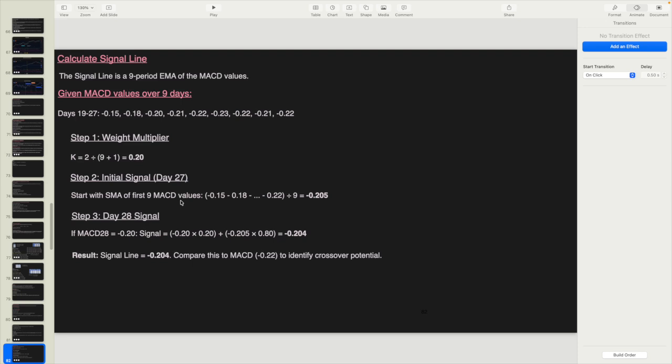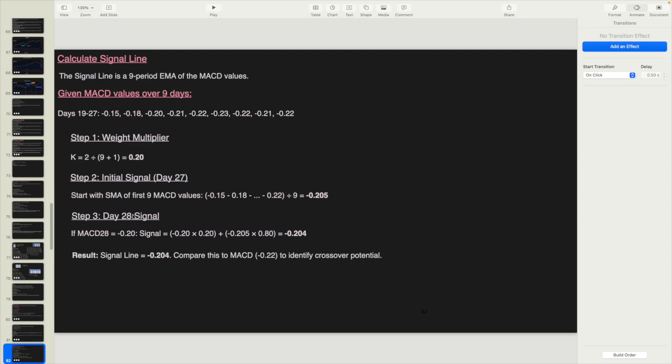Whenever there is no exponential moving average value available, the rule of the MACD says that you can take the simple moving average of the last 9 period values and use it as a starting point for calculating the next 9 period exponential moving average. So we are taking the simple average of all this. The simple average is minus 0.205.